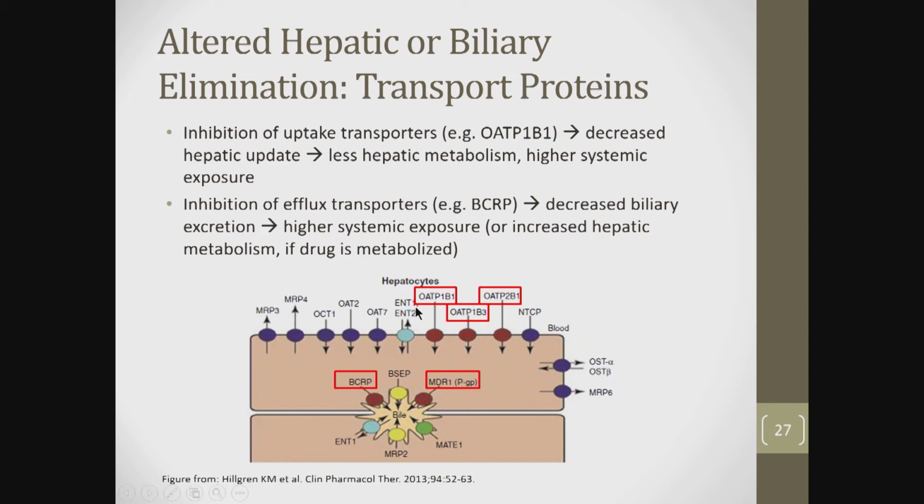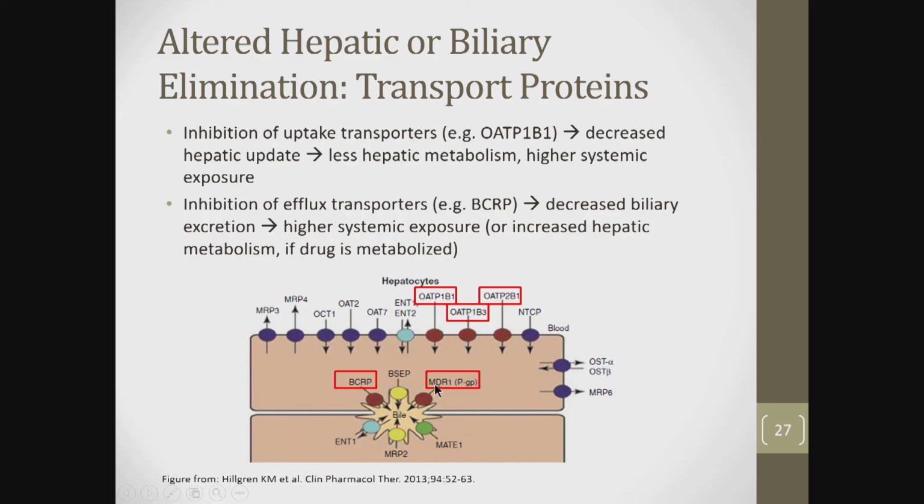If these are blocked, of course, less drug is going to get into the liver to be metabolized, and we're going to get higher systemic concentrations. A classic example of this are the statins, which rely on OATP1B1 and 1B3 to be taken up into the liver. And we'll look at a couple examples of the statins.